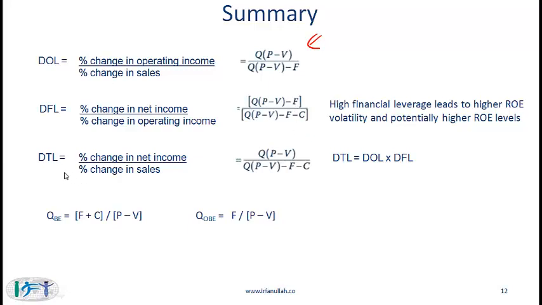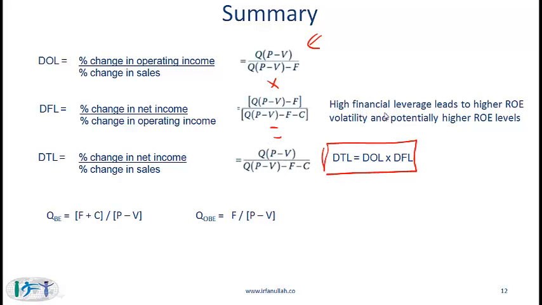Degree of total leverage is the percentage change in net income divided by percentage change in sales, and the formula is given right here. The numerator is the same as the numerator for DOL, and the denominator is the same as the denominator for DFL. Notice that when you multiply DOL with DFL, you are going to get the degree of total leverage.